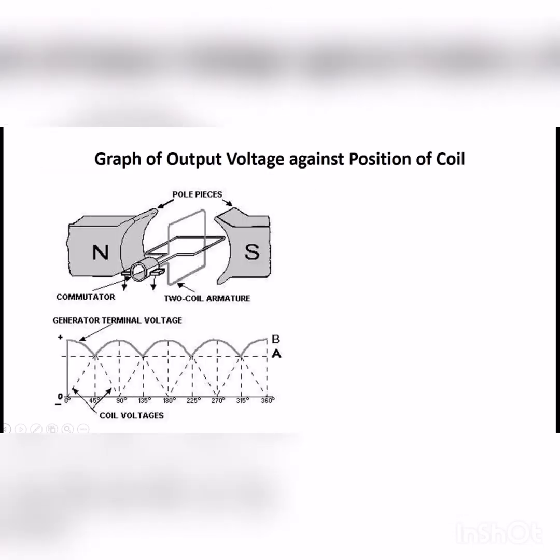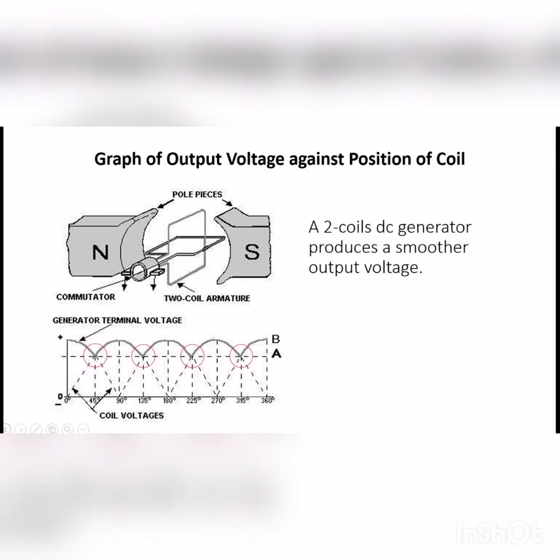If you plot the graph of output voltage against the position of the coil of a 4-coil DC generator, you can obtain a graph with similar shape. You can notice that the voltage of a 4-coil DC generator never drops to 0, unlike a 2-coil DC generator. In the 2-coil case, when the coil of a DC generator is vertical, the output voltage will be 0.